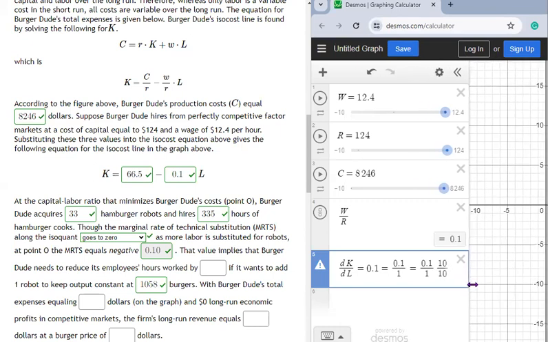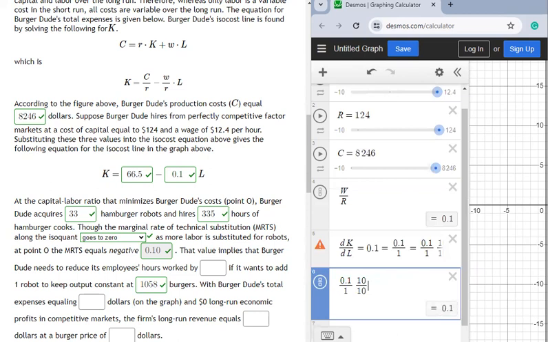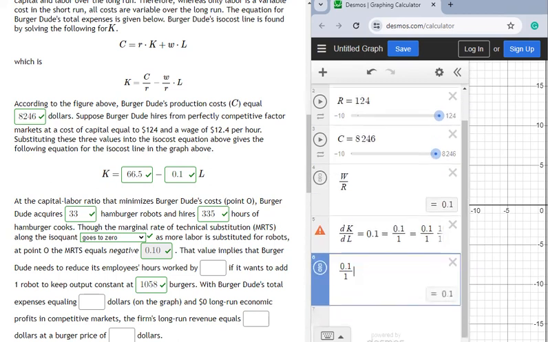The next trick I'm going to do is multiply the 0.1 divided by 1 by 10 over 10. Now, this value is still 0.1, right? So I haven't changed the value at all. Why is it 0.1?